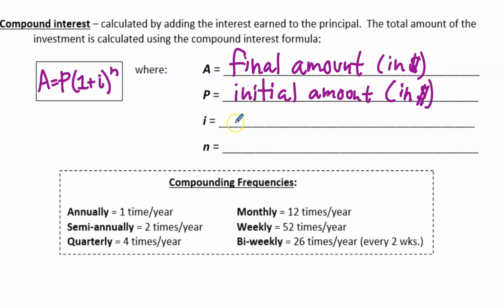Okay, I here is your interest rate. But what's different is that we have to divide this by the compounding frequency.